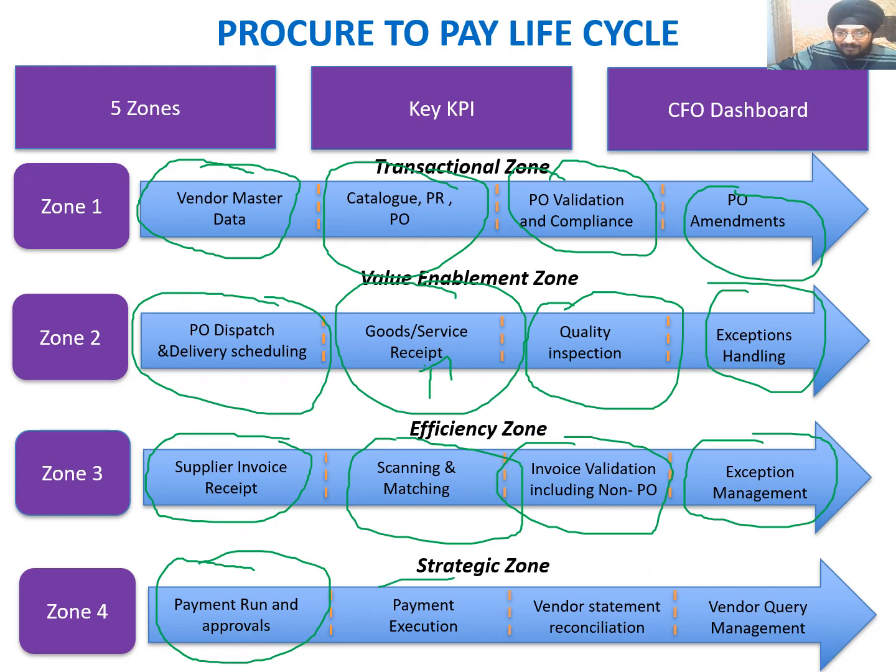Then payment execution is a process wherein we actually execute the payment. So the payment run has been done, and in a typical ERP scenario with large corporates, once the payment run is done, it is automatically paid to the supplier through the bank interface, and there is no human touch required. But in some organizations where this end-to-end payment process is not managed through the system, there is always some manual touch required.